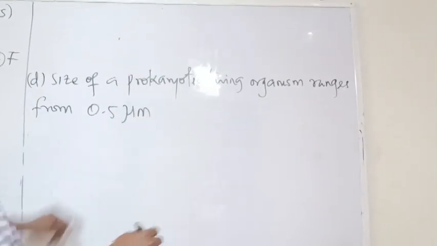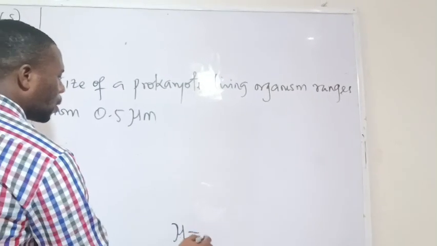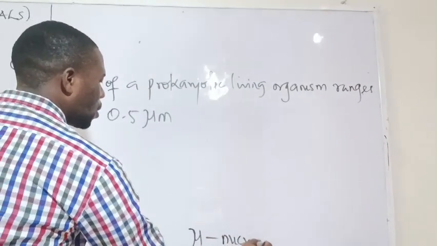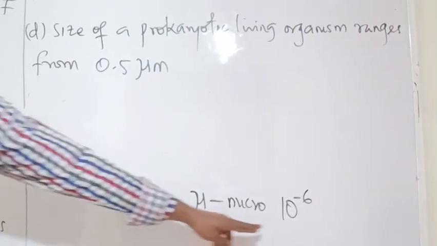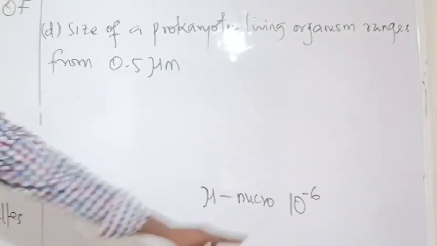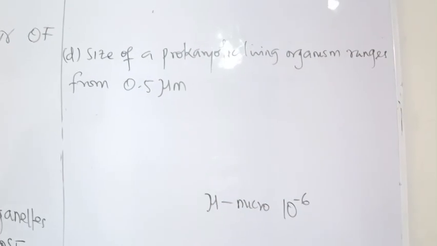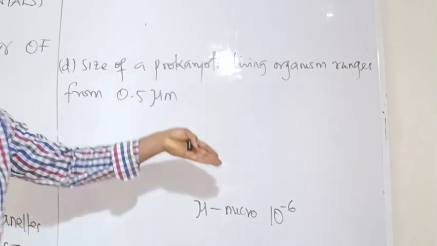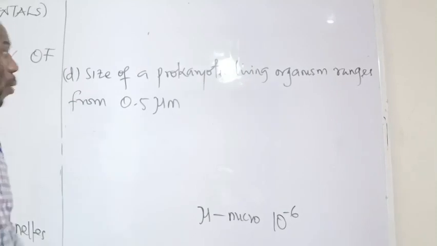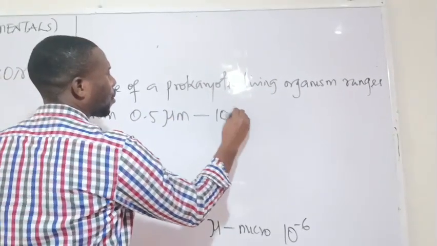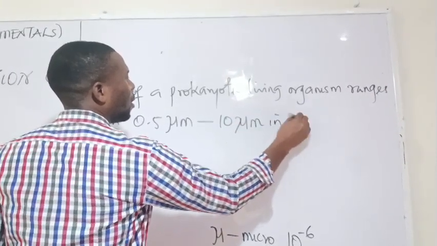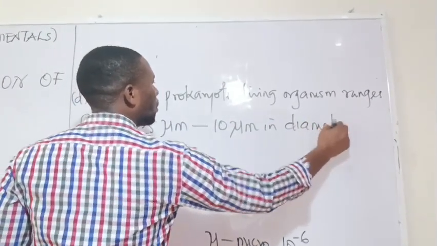By the way, micro simply implies a negative power of 10 to the 6, one out of a million. So the range is between 0.5, half a micrometer, to 10 micrometers in diameter.